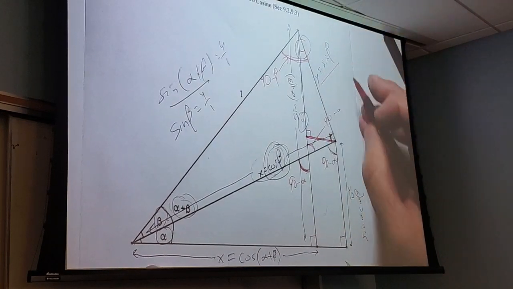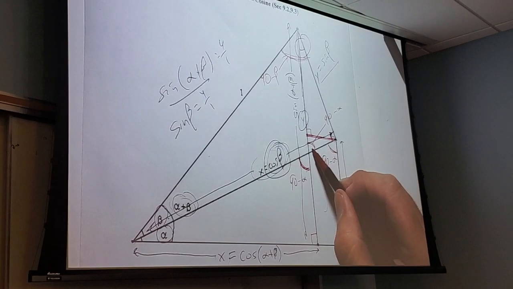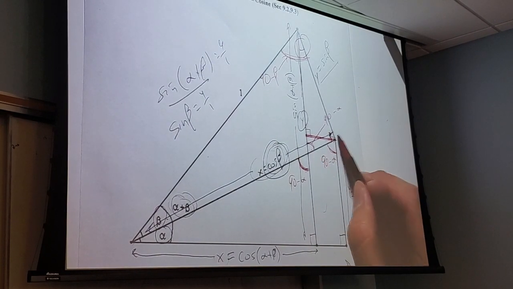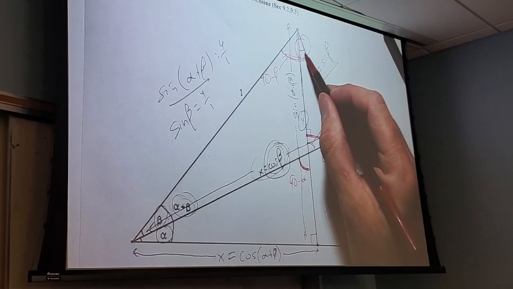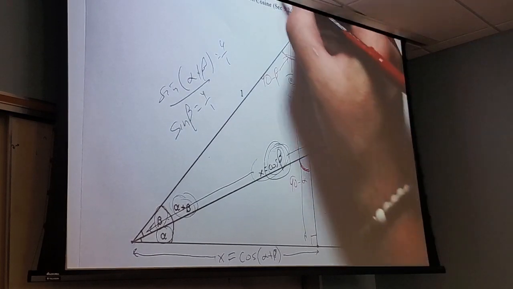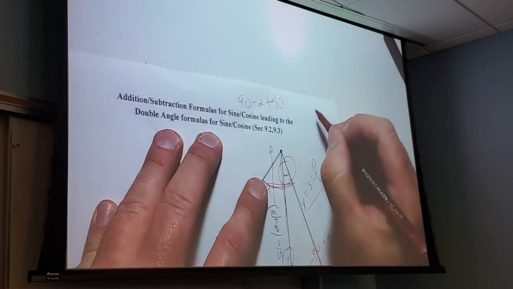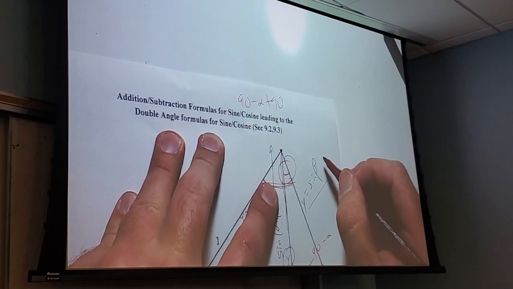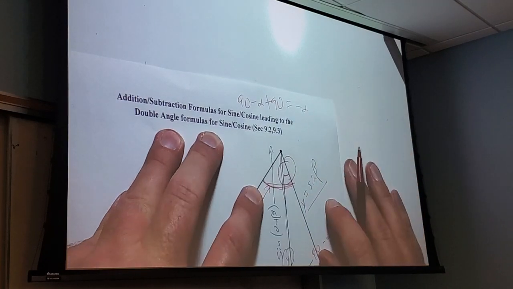Okay, so let's put this together. I can now get what that is. If this is 90 minus alpha, and this is 90, what does this have to be to make it 180? So I have 90 minus alpha plus 90, and I need to end up with 180, right? So far I have negative alpha.